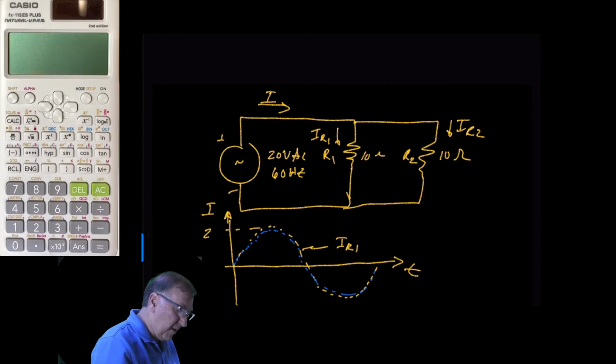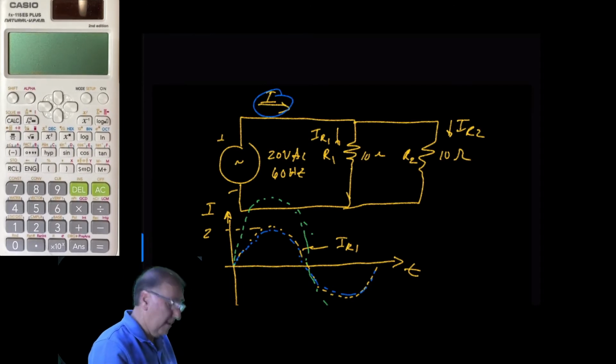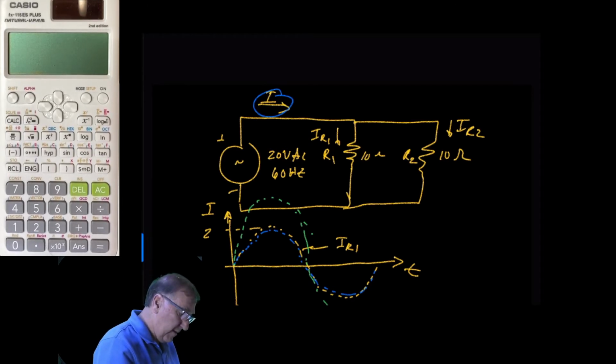If you look at the total current, which is I, it would look something like this. It would still be a sine wave, twice the amplitude. Let me come back here. We're going off the screen, but that's okay, I think you get the idea. This would be up at 4 amps.